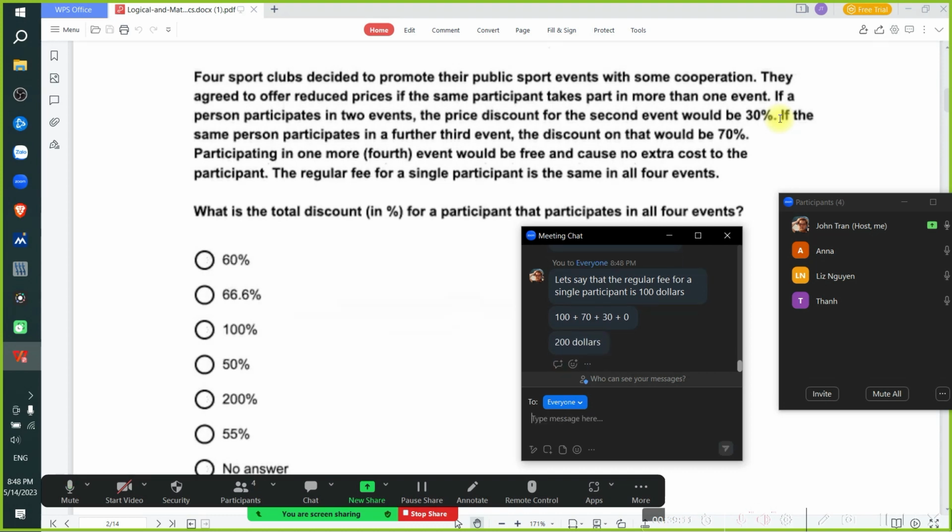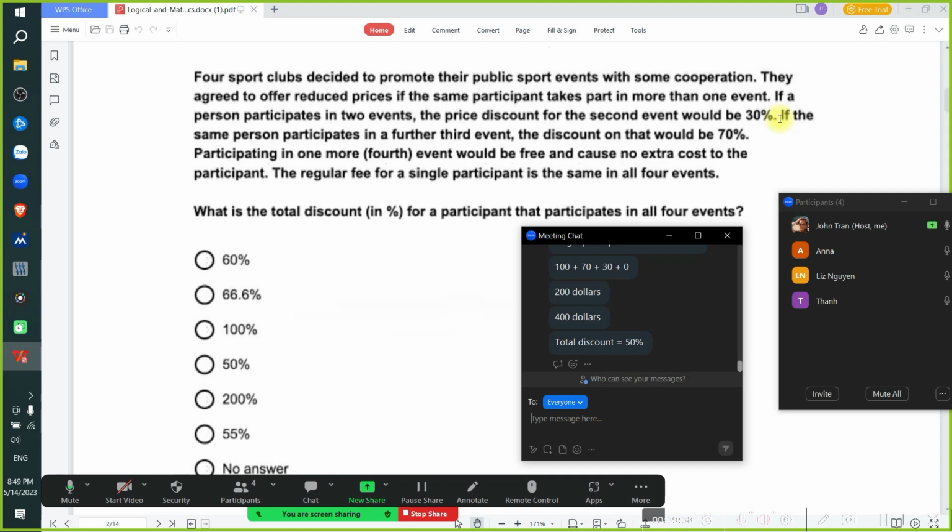But if you pay the regular fee, 4 events is $400, right? Nếu mình phải trả phí thông thường không được giảm thì 4 sự kiện sẽ là $400, đúng không mọi người? So it's actually the total discount. Total discount is how much? It's 50%, isn't it? Because you only have to pay half price.